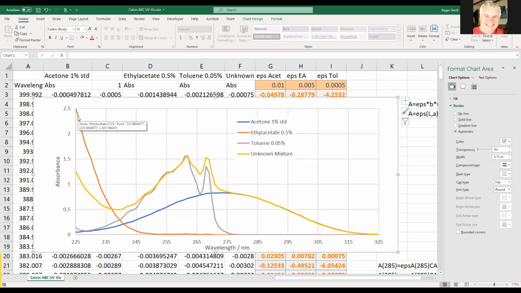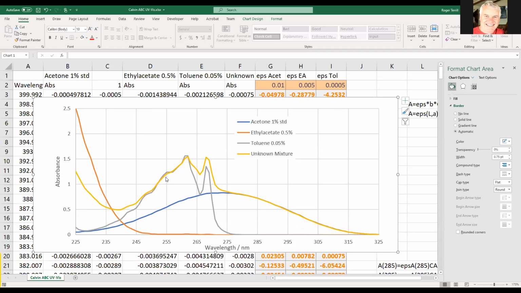Basically, there's a graph of the absorbance spectrum in the ultraviolet of ethyl acetate. This is a simple ester. And acetone, this is a ketone. 2-propanone is another name for it.